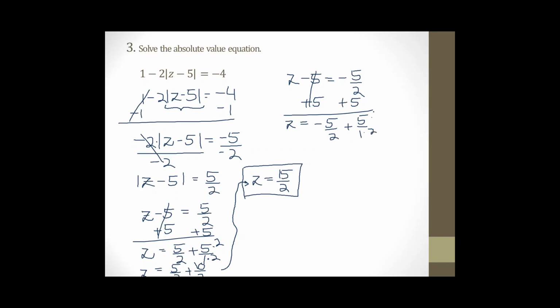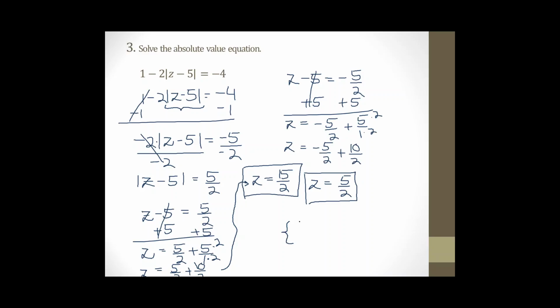So multiply bottom and top by 2. So z equals negative 5 over 2 plus 10 over 2. Now add the numerators, and negative 5 plus 10 is 5 over 2. And this would be my second answer.